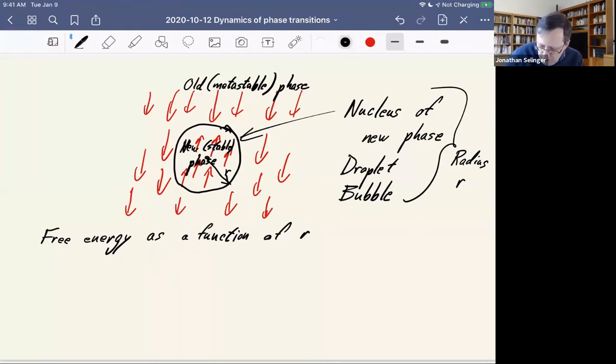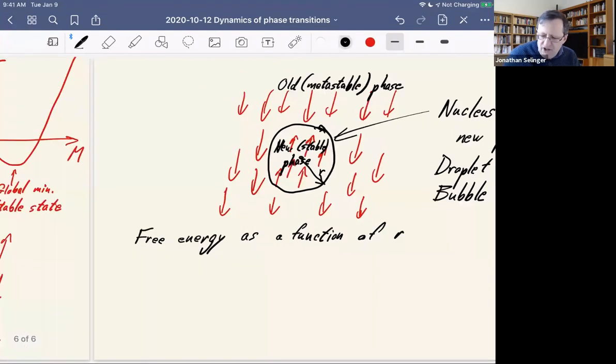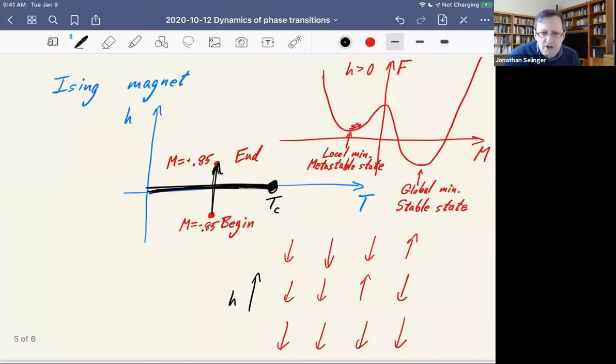One contribution is we can say we've converted a certain volume from this phase to that phase. That's good, right? That reduces the free energy, okay? So how much does it reduce the free energy? Well, on the free energy plot, we can see it reduces the free energy by this amount, right?